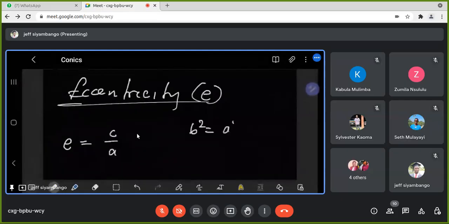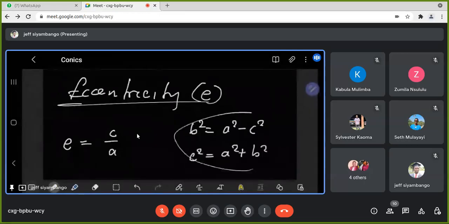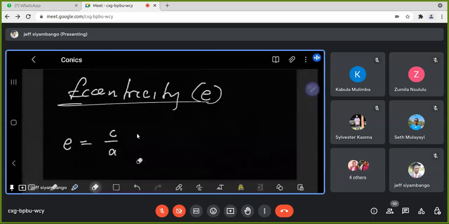But if you're dealing with a hyperbola, we saw that c squared is equal to a squared plus b squared. So just remember these depending on what you're dealing with. But basically, if you're going to find the eccentricity, this is the formula that you want to use.